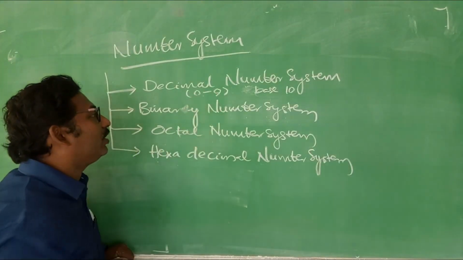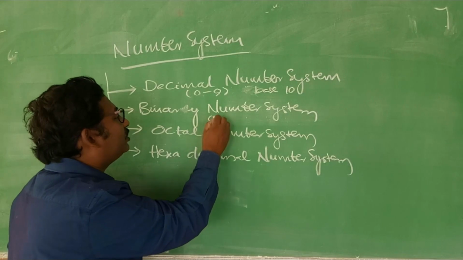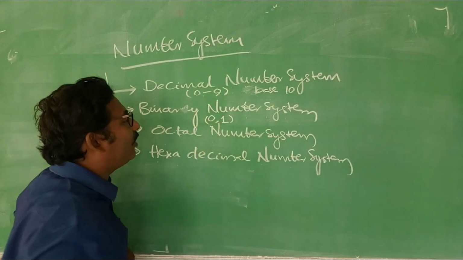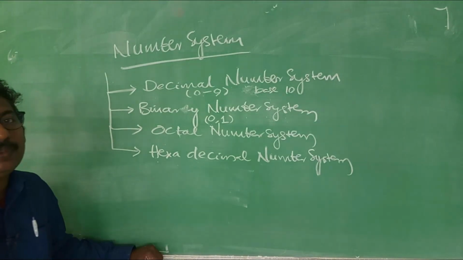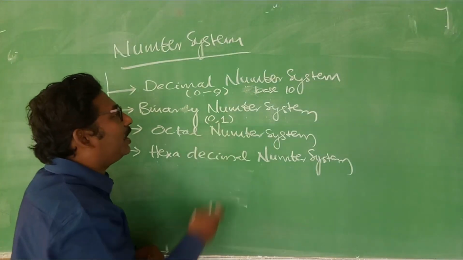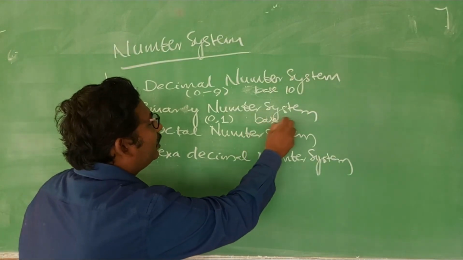So 0 to 9 are the digits and the base is 10. In the binary number system, there are only two numbers, 0 and 1. A computer can understand only the binary system. So based on these two numbers only, the number system is formed. The base is 2.